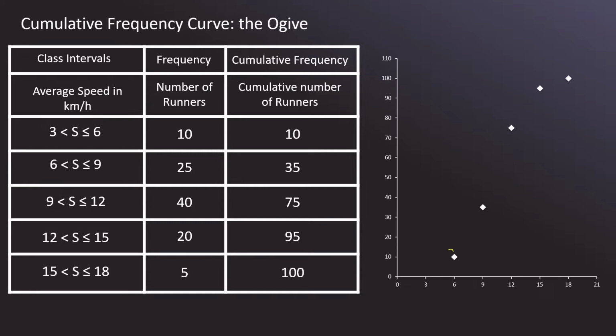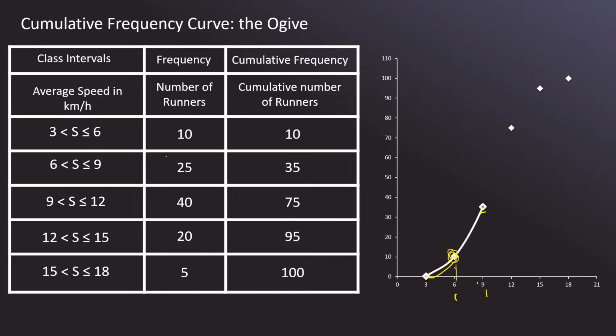So if we're looking here at 6, we notice that that is going to be the upper bound of this class interval. If we're looking between the points 6 and 9, you'll notice that I've plotted my final point at 9, where we have our frequency of 40.